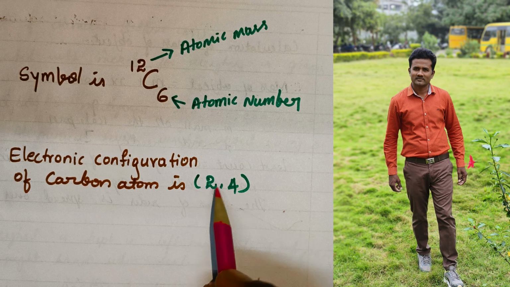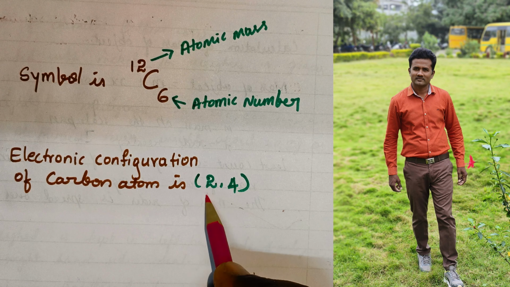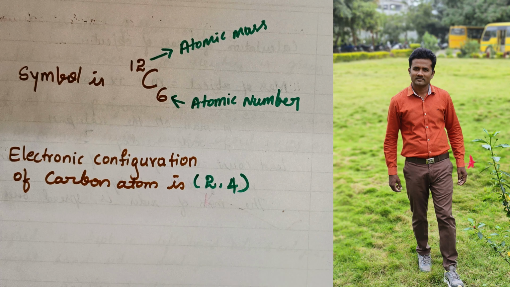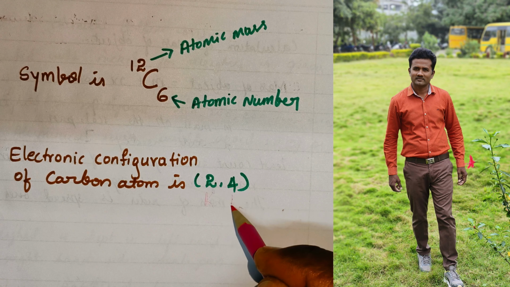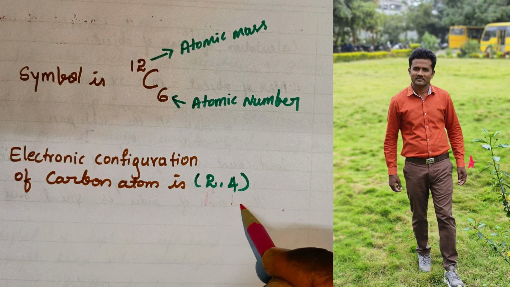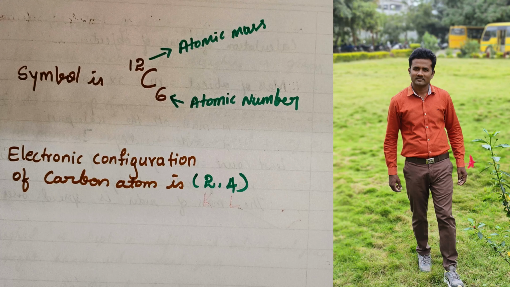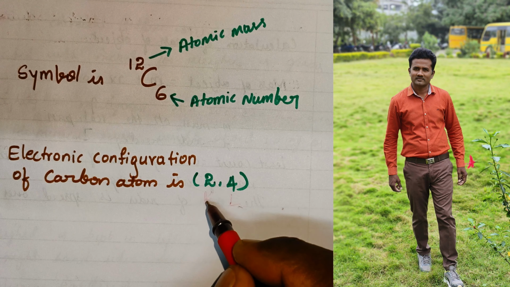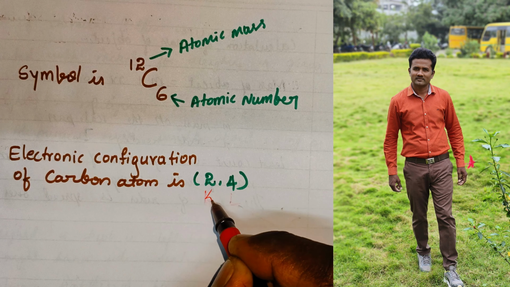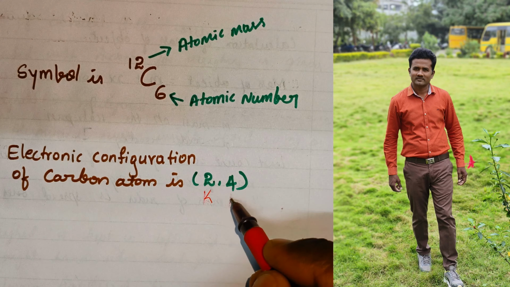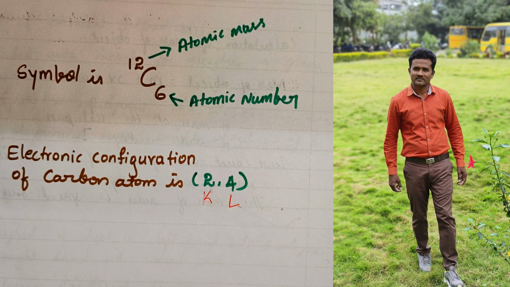So we distribute 2 electrons to the K shell and 4 electrons to the L shell. The first shell is called the K shell and the second shell is called the L shell.